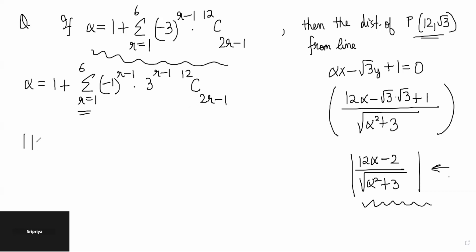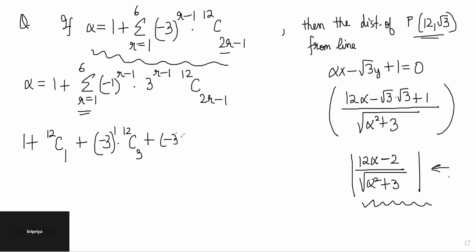You will just say 1 plus, when you put 1, you will get 0 here. So 1 plus 12c1. The next term is when you put 2 here: you get minus 3 power 1 and 12c3.